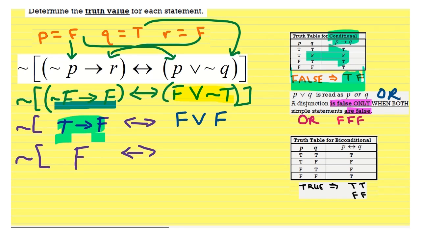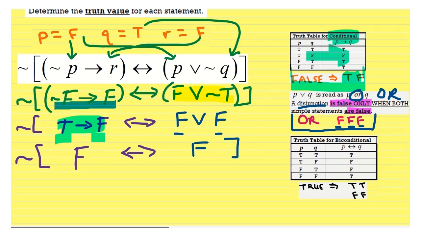Here's my or cheat sheet. Or is a disjunction, and if it's false and false, it will be false if it's an or statement. So do I have false and false? Yes, I do, which means that my false or false is indeed false. Okay, close my little bracket over here.